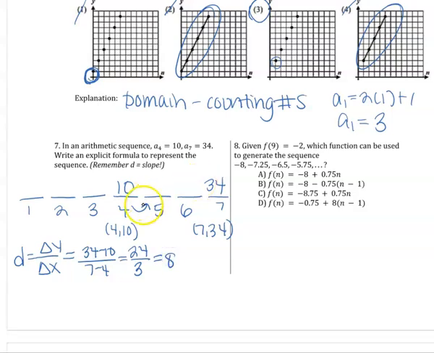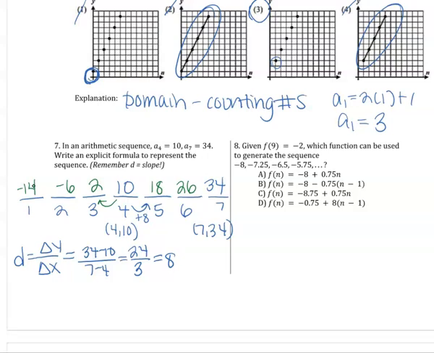Now, that means for every 1 increase here, you're going up by 8. So filling in some missing gaps, this is 18, this is 26, and then going backwards, this would be 2, negative 6, and am I getting negative 14 then? Okay.